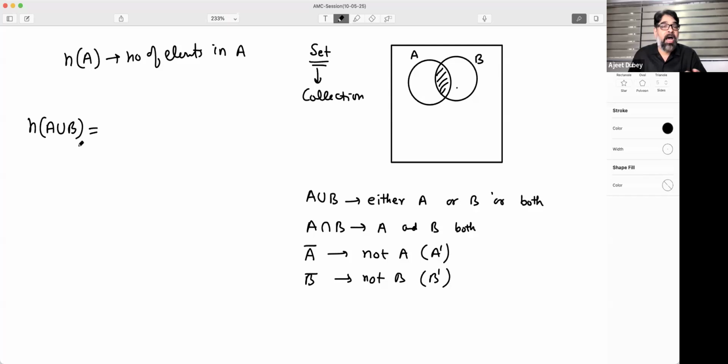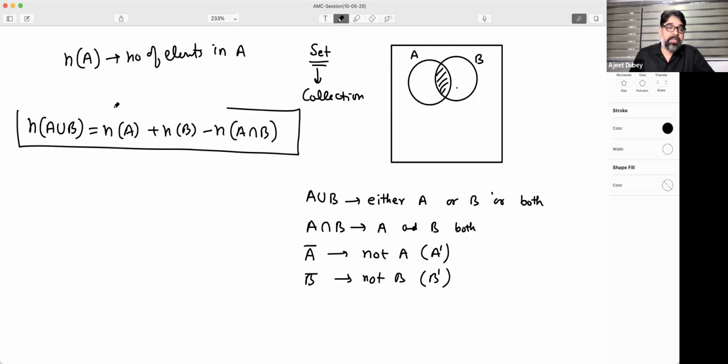So if I say N of A union B, I want all the elements of A plus all the elements of B. But when I do this, this portion will come two times. When I write N of A, this element is counted, and when I write N of B, it is counted again. So minus N of A intersection B. Using this logic, we call it inclusion and exclusion.